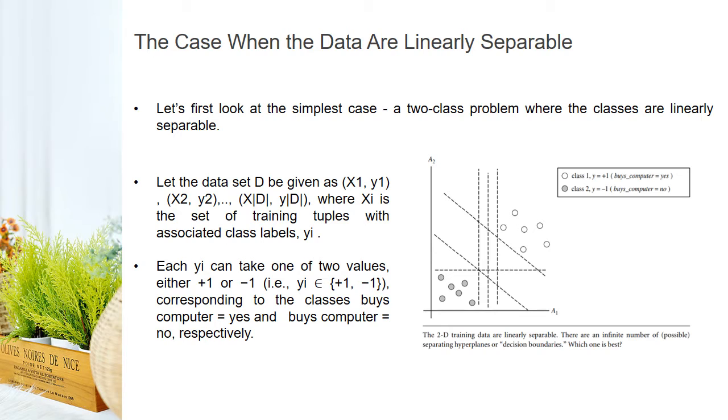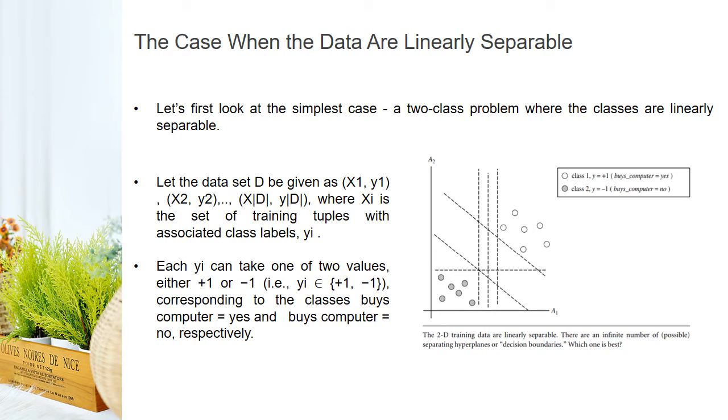We are seeing a simple example, a two-class problem where the classes are linearly separable. Here, the data set can be represented as (x1, y1), (x2, y2) up to the length of the data set, where xi is the set of training tuples with associated class labels yi.